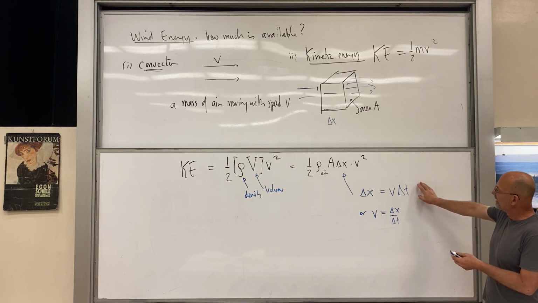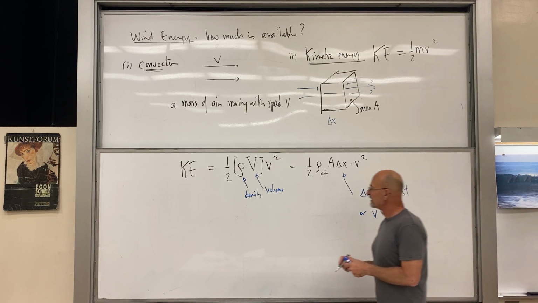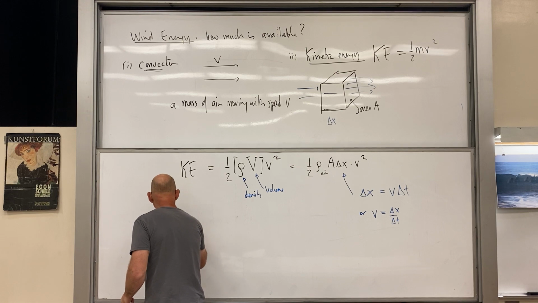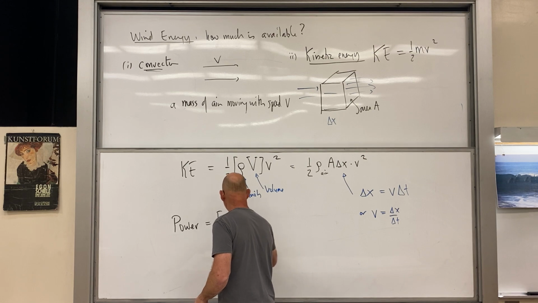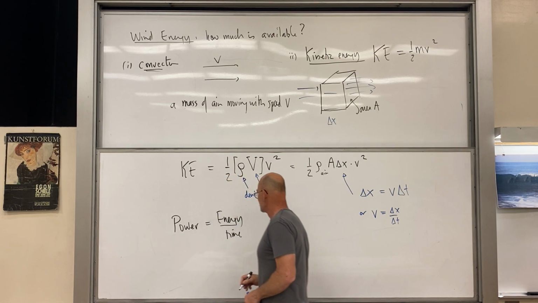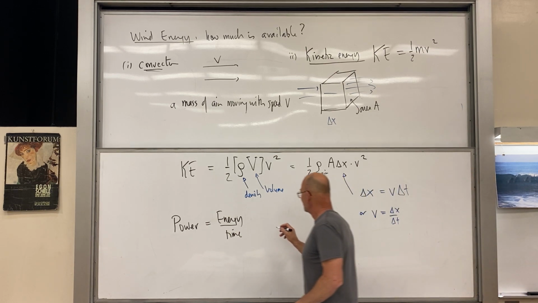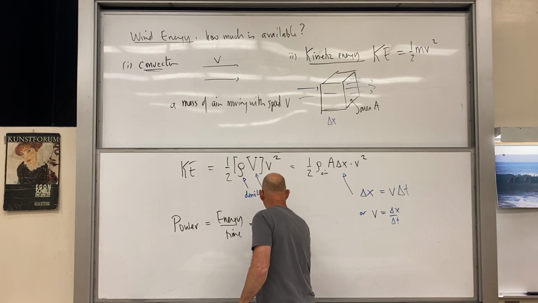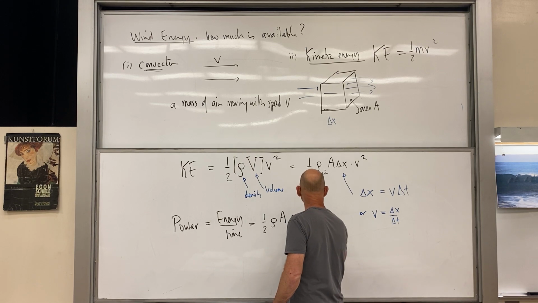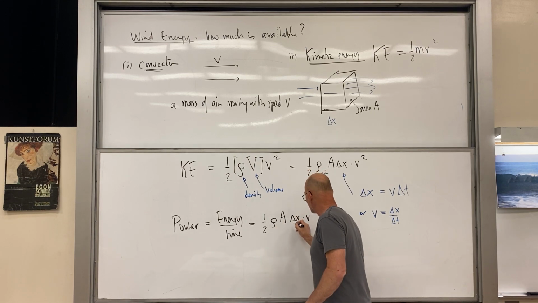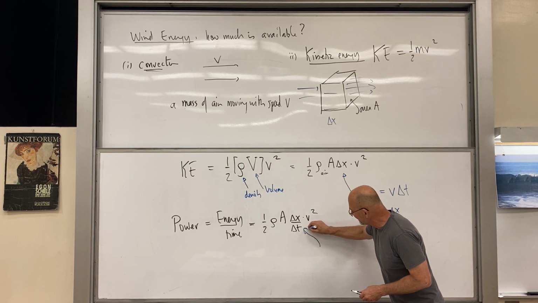So now we're all ready. We're ready to do this. So power is equal to energy per time. So what we're going to do is divide this expression by the delta t: 1/2 rho A delta x times v squared, and we're dividing it by the delta t. That's where I'm bringing in that division.